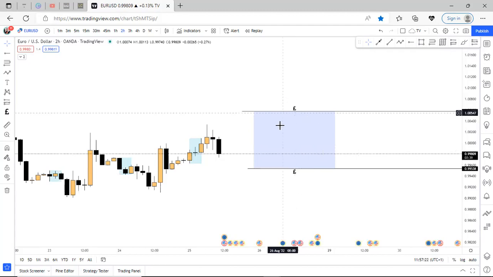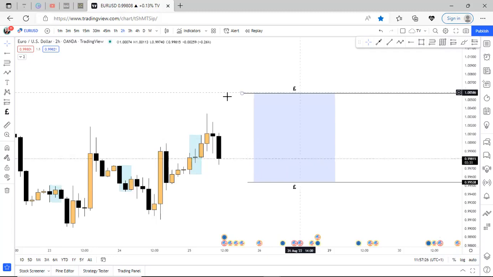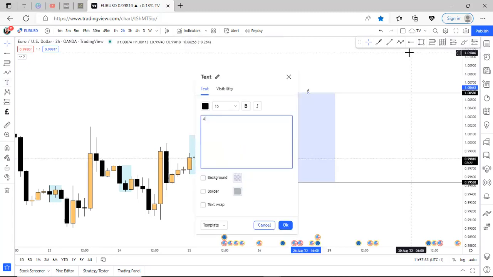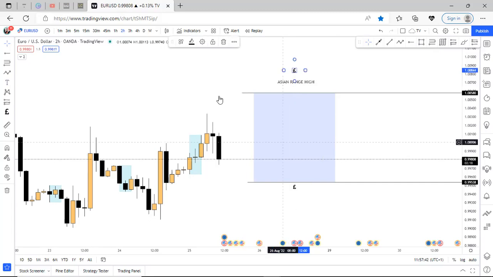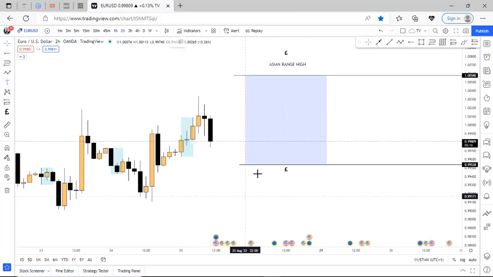Once you know this, at the top of the Asian range we have what we call the Asian range high. Liquidity lies above the Asian range high. Same as the Asian range low as well.